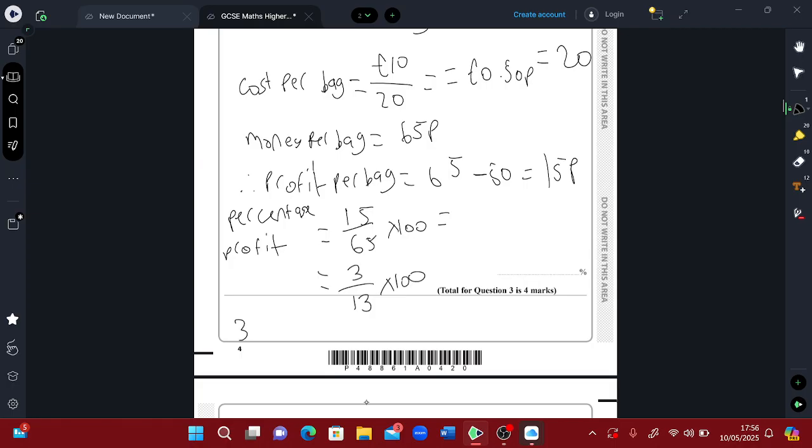Maybe it'll get somewhere. 3 goes into 13 4 times with a remainder of 1. 3 goes into 10 3 times, remainder of 1. So it's a recurring decimal.